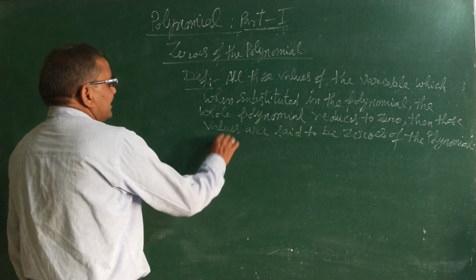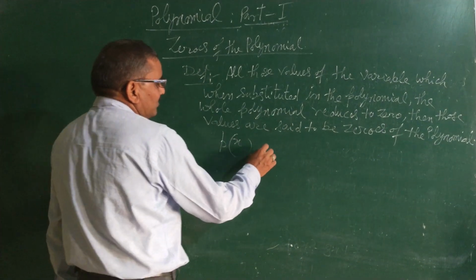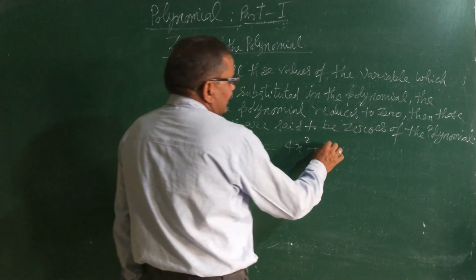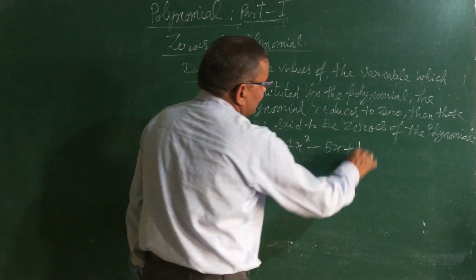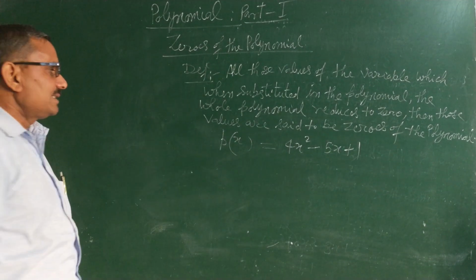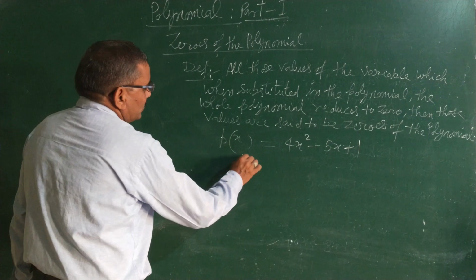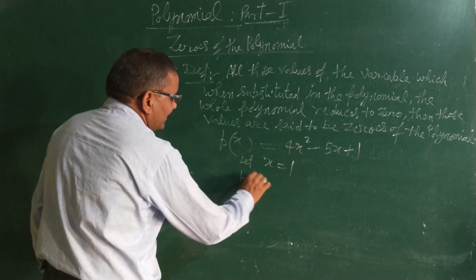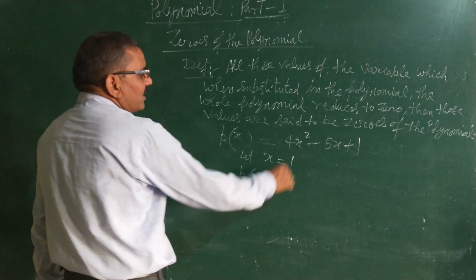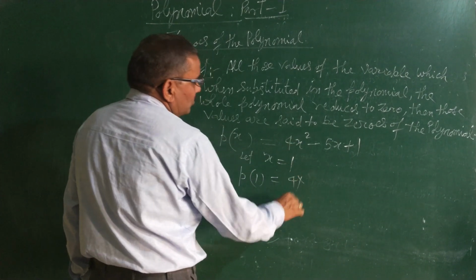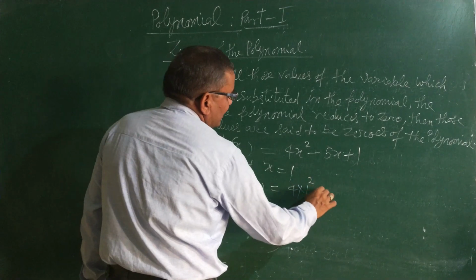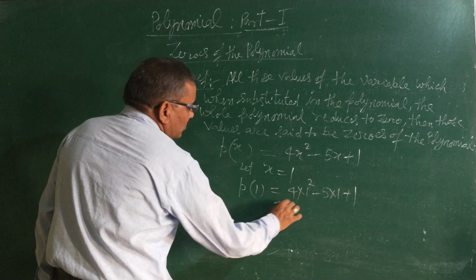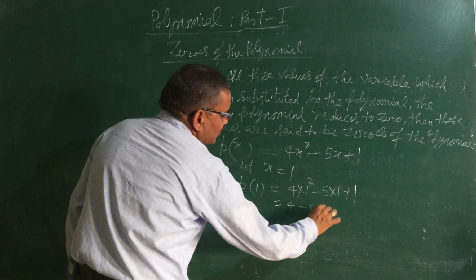Again, let us see that polynomial p(x) is equal to 4x square minus 5x plus 1. Let x is equal to 1. So p(1) is equal to 4 into 1 square minus 5 into 1 plus 1. Now this is equal to 4 minus 5 plus 1.